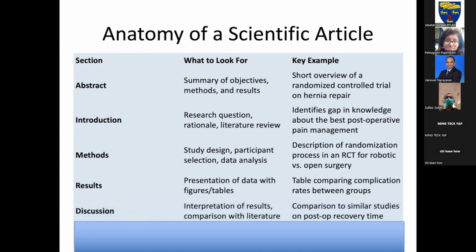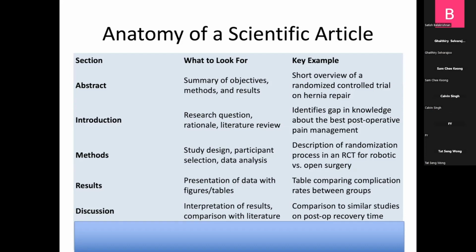And then you move on to the discussion. The discussion is where you interpret the results you have found. If you have found a certain high frequency in certain conditions or a certain relationship, then you interpret them. You tell why you think certain things are happening. You tell why a certain type of hernia repair is superior to the standard Shouldice or a standard anatomical repair.